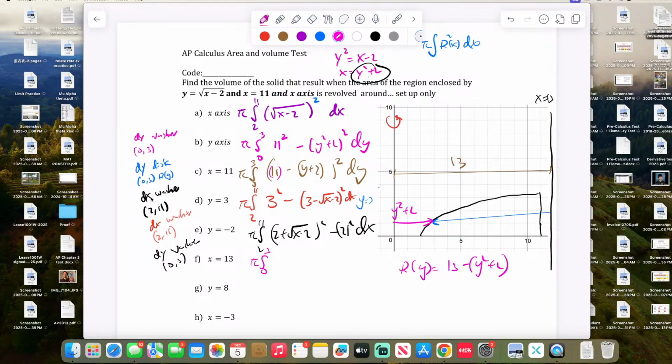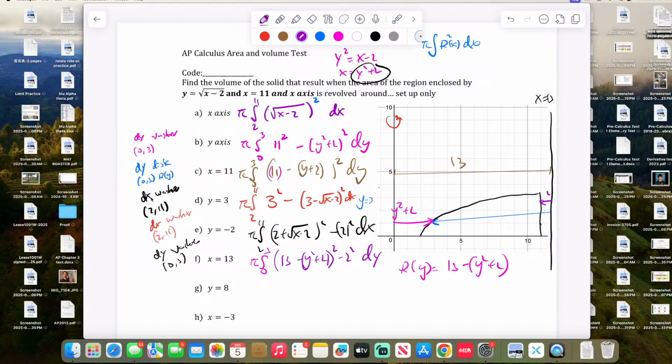What is small r of y? Does that make sense? Well, this is just from here to here, right? So this is 2. So that's going to be 13 minus y squared plus 2, and then square, minus 2 squared dy. Am I going too fast?